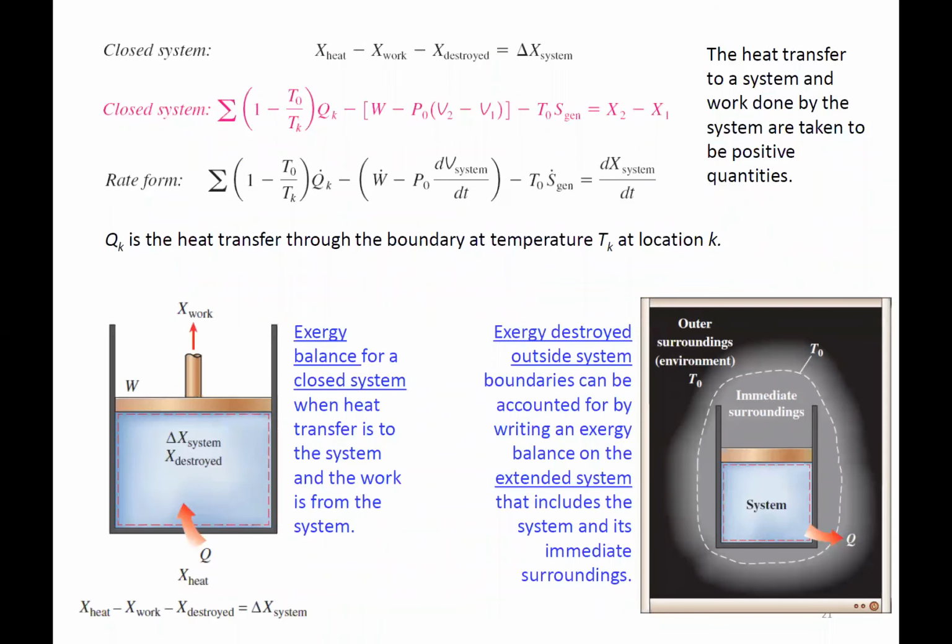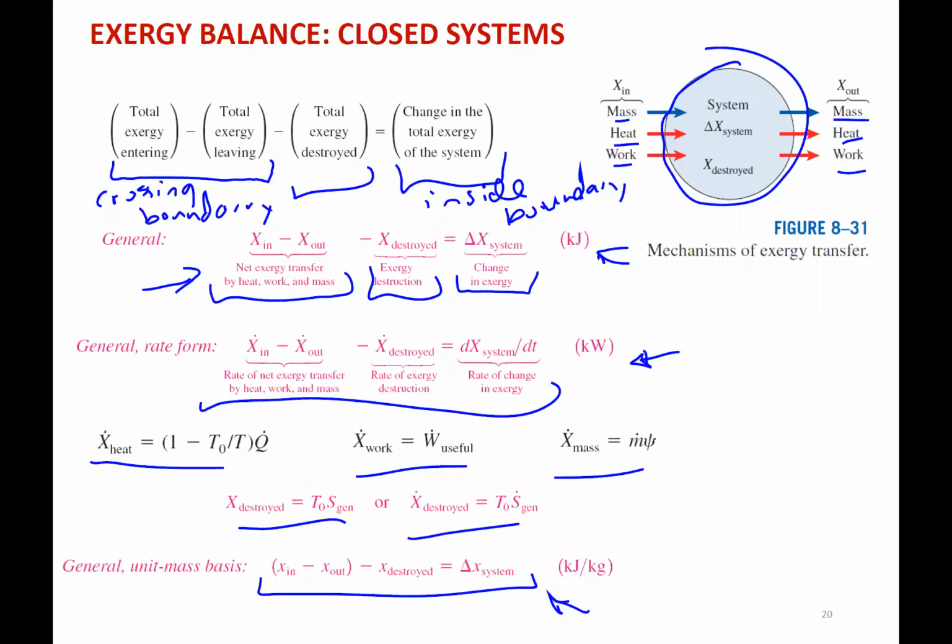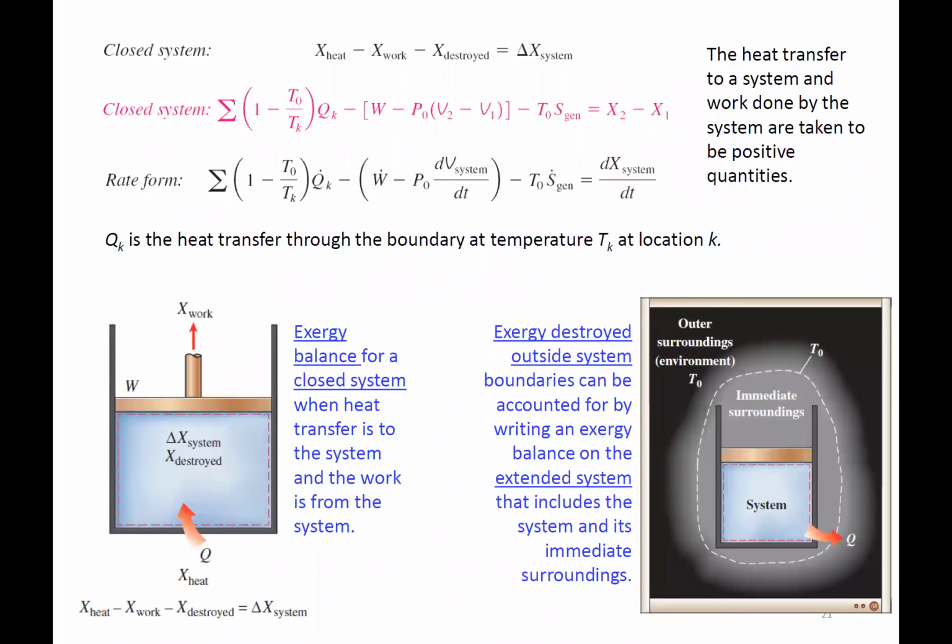All right, so now we start substituting in. So we take this general form we have here, or the rate general form, and we start substituting in our different components. So for a closed system, there's no exergy from mass, so we just have heat and work, and we have the destroyed, which here's that negative sign back for the T naught Sgen, and then we have the change in exergy inside our system.